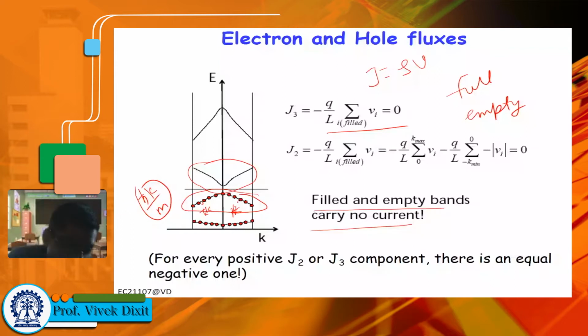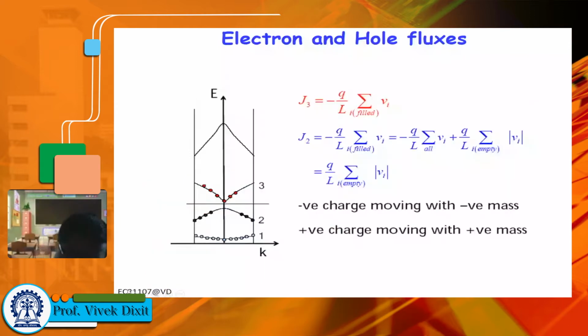Now here we are considering a one-dimensional situation, so rho is basically Q by L, charge per unit length. Now if a band is partially filled or partially empty, for a partially filled band again you can write rho times V, so Q by L times V_i.